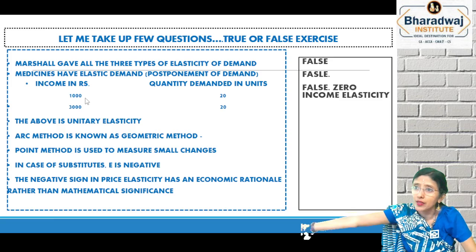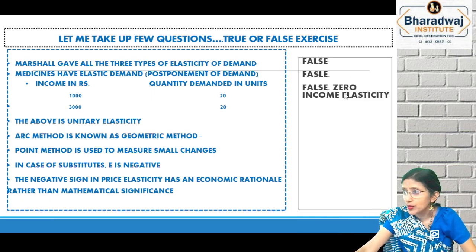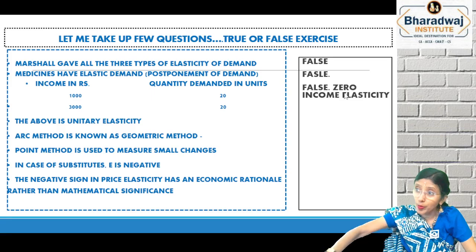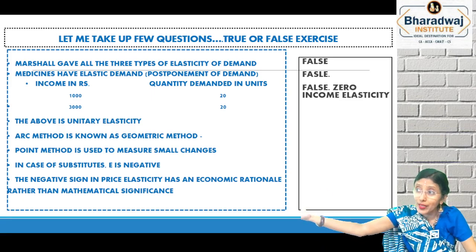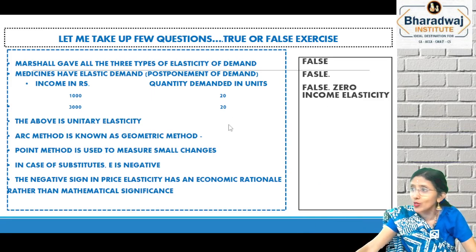Income is tripled, but quantity demanded is just the same. No response. Less than proportionate can be, more than proportionate can be, equal to, triple times. It could have become 60 also. Then it is unitary. If it was 60 units, it is unitary. So mark this question as important. Income elasticity, when you revise that, keep revising with the numbers.